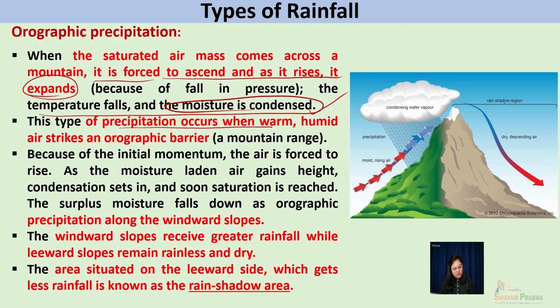This type of precipitation occurs when warm, humid air strikes an orographic barrier, as you can see in the diagram also. This warm, moisture-laden air is stopped by this mountain barrier and is forced to lift upwards. Because of the initial momentum, the air is forced to rise, and as the moisture-laden air gains height, condensation sets in and soon saturation is reached.